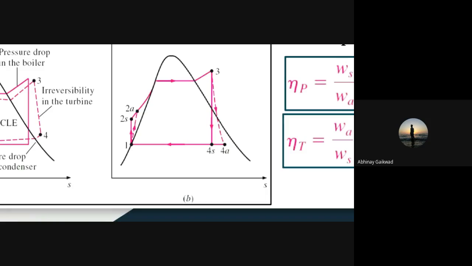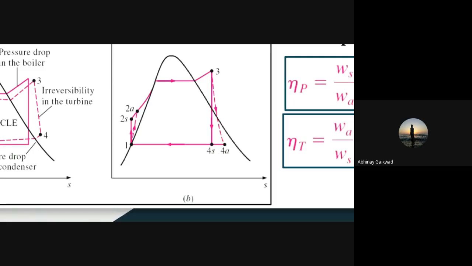Again, the other major source of irreversibility is the heat loss. From the steam to the surroundings, heat loss may occur as steam flows through the various components. To maintain the same level of net work output, more heat needs to be transferred to the steam in the boiler to compensate for these undesirable heat losses.